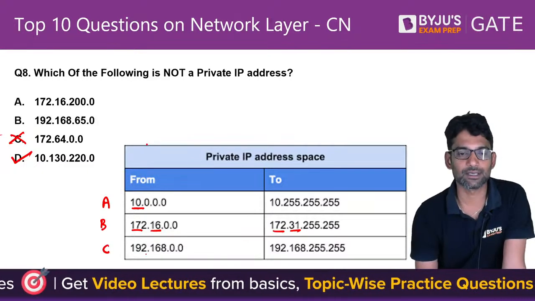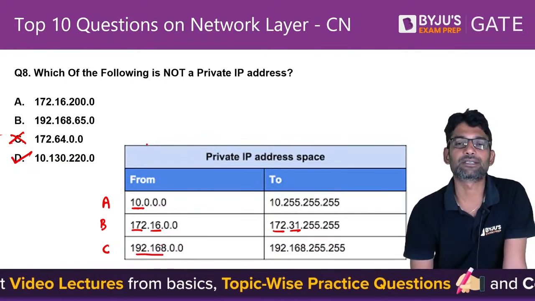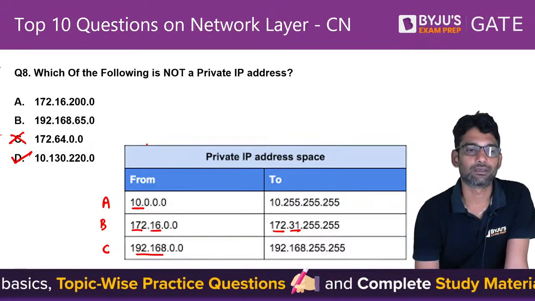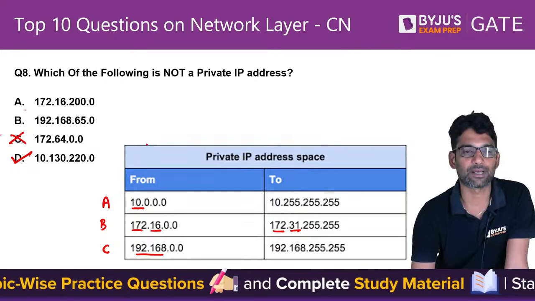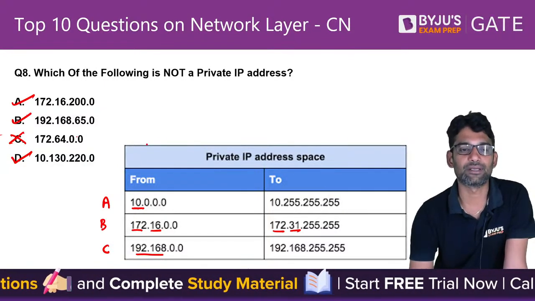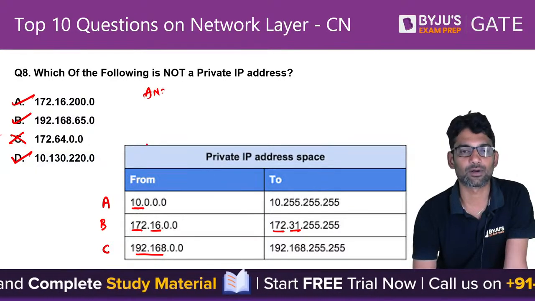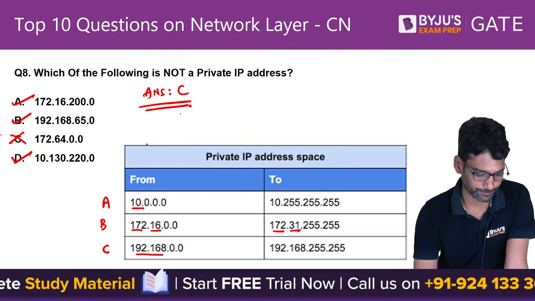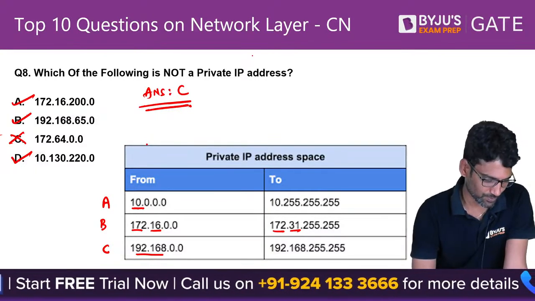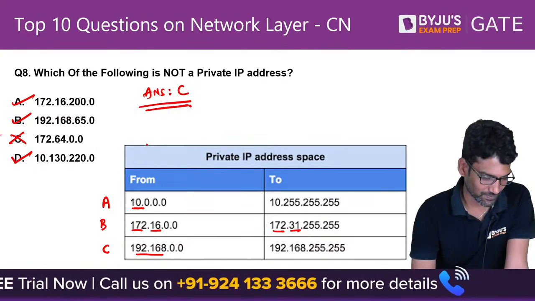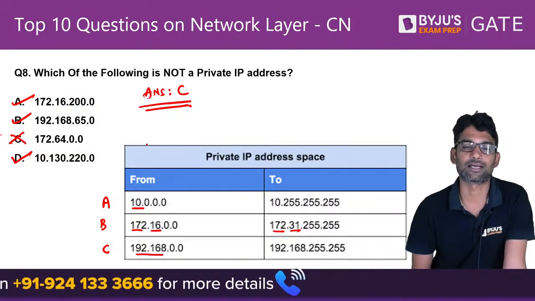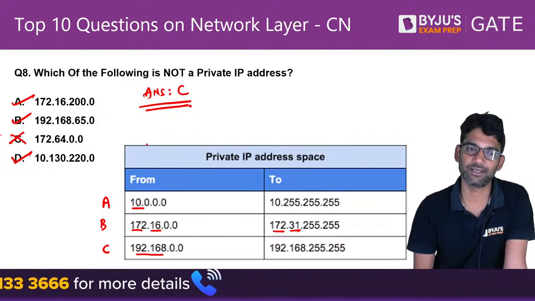And in class C, when it starts with 192.168, then definitely it is private. So which is not private means option C is not private IP address. Correct, correct. So this is the private IP address range for class A, B, C.